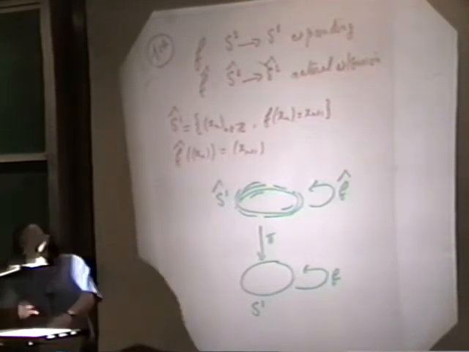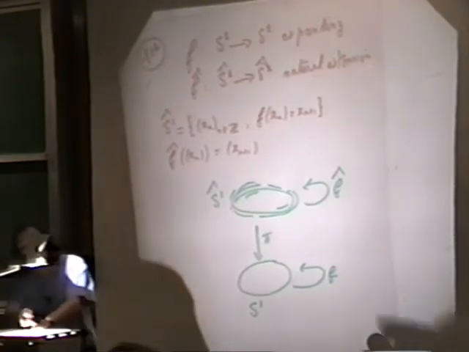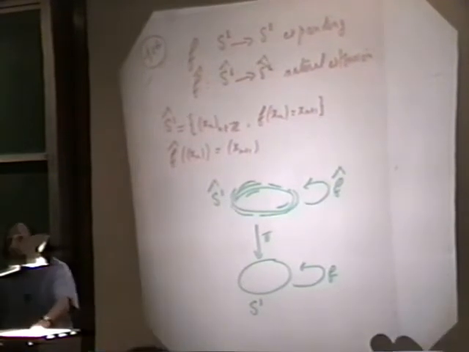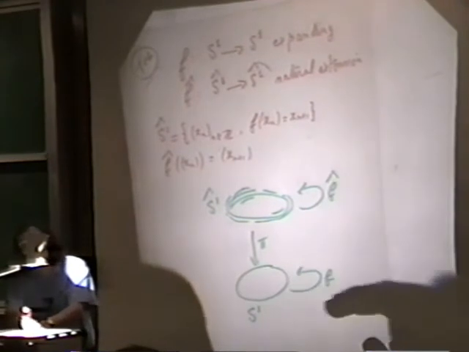This is a compact space which lies over the circle S1 because you have a natural projection pi which maps the sequence xn to the point x0. And the nice feature of that is that the non-invertible map f at the level of the circle lifts on S1 hat as an invertible map f hat, which is a homeomorphism. So this is a nice feature. We replace something which is non-invertible by something which is.